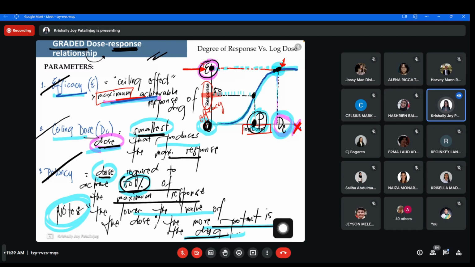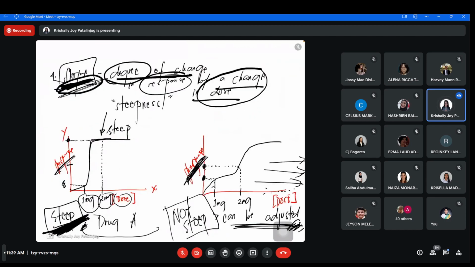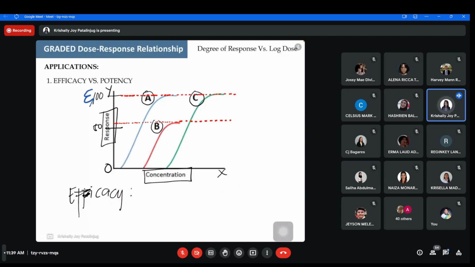Balikan yung potency. Sabi sa potency, yan yung dose naman para ma-achieve yung 50% ng maximum response. So ito, efficacy of drug A and also efficacy of drug C. Ito naman, itong nasa baba, efficacy naman yan of drug B.